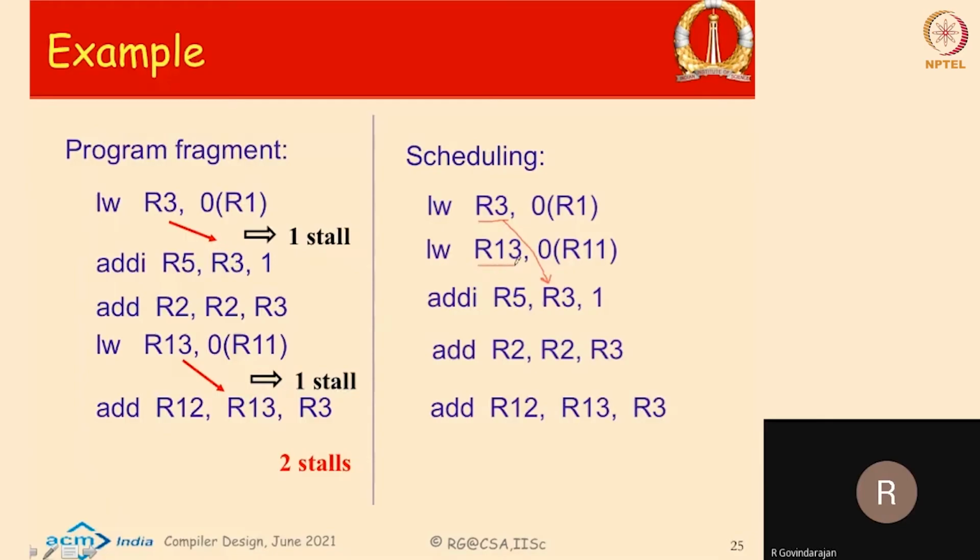And similarly for the second load instruction, the dependency is moved further apart, and therefore that stall cycle is also eliminated. So the compiler can do this kind of instruction scheduling to take care of data hazards, or stalls due to data hazards, by doing an instruction reordering.